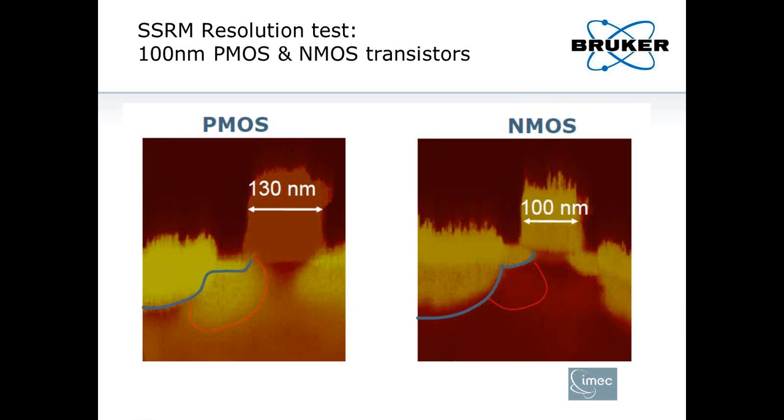And as you know, now the device structure is getting smaller and smaller, and SSRM, in this case, spreading resistance microscopy, is one of the tools. In some cases, it's the only tool for you to see the doping profile, doping structure of those devices.